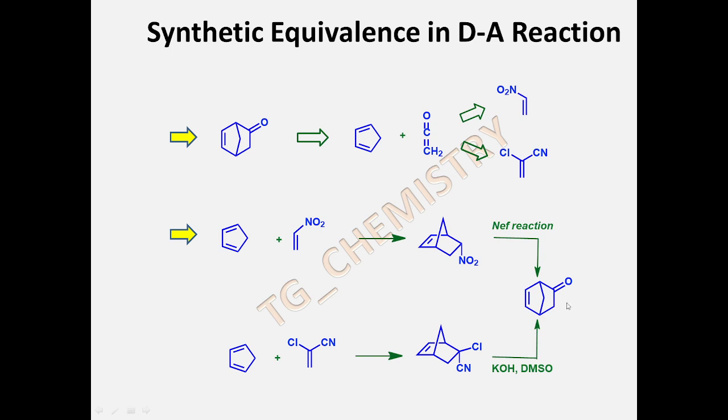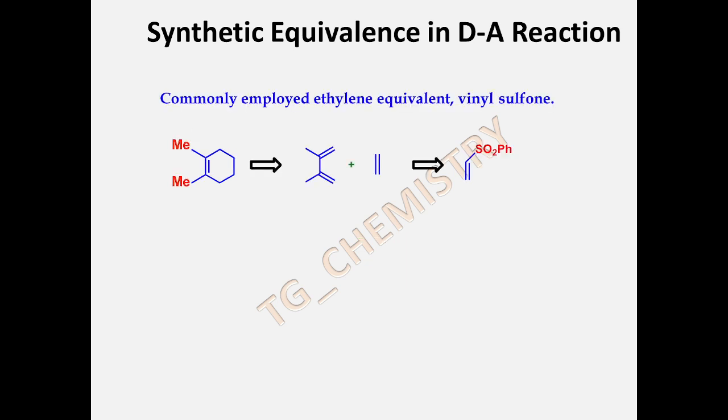So these are two possible modes of reactions using nitroethylene and alpha-chloroacrylonitrile to get a particular cyclic product.